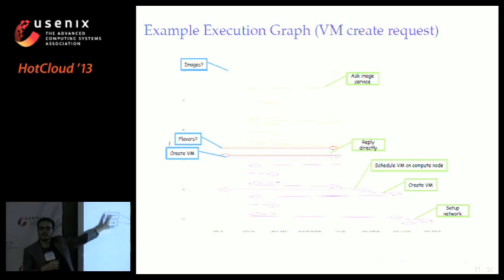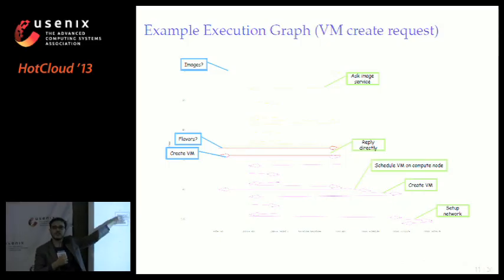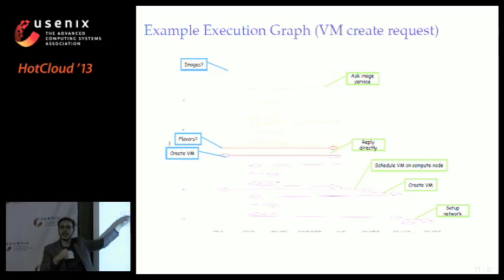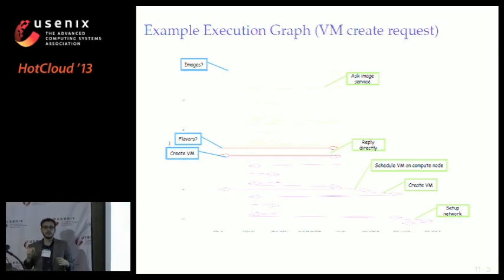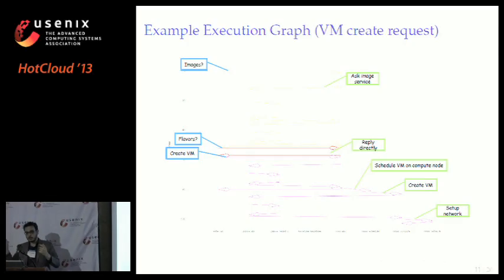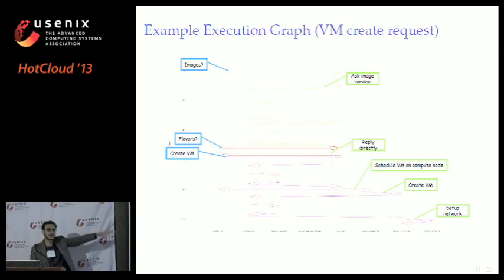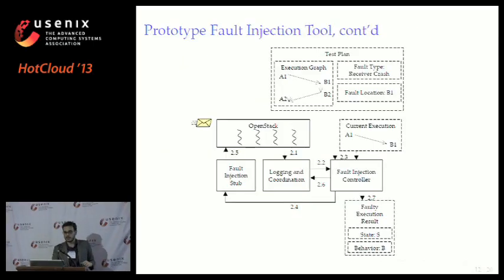The exact graph is not really important, but just get a notion that there are nodes in this graph representing the different services or components, and there are edges representing communication, either REST calls, RPC, external execution, or an SQL query to a database. So that's the general graph that this will generate.